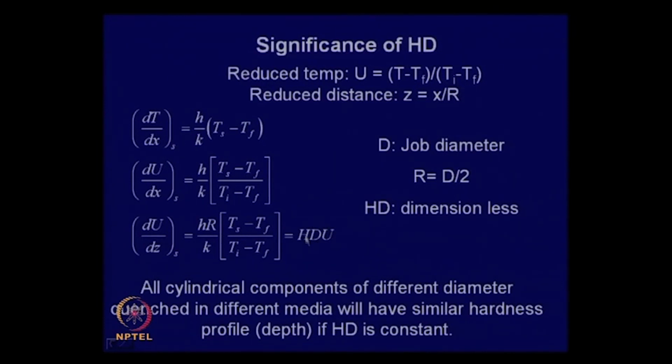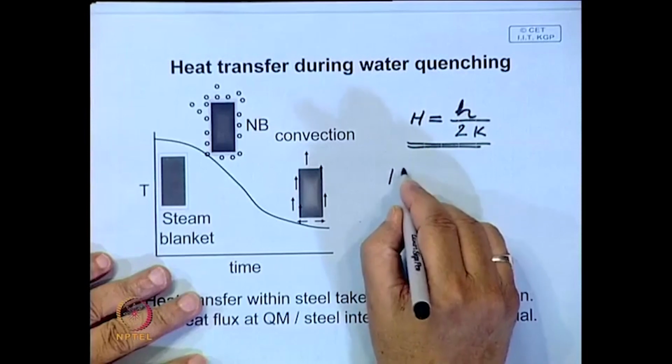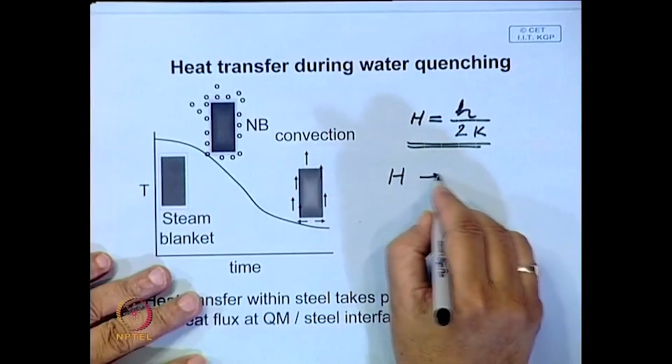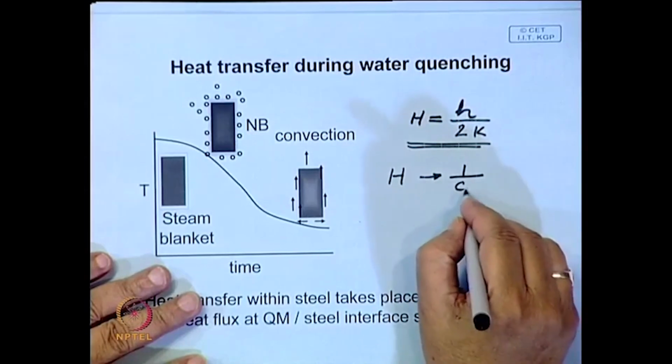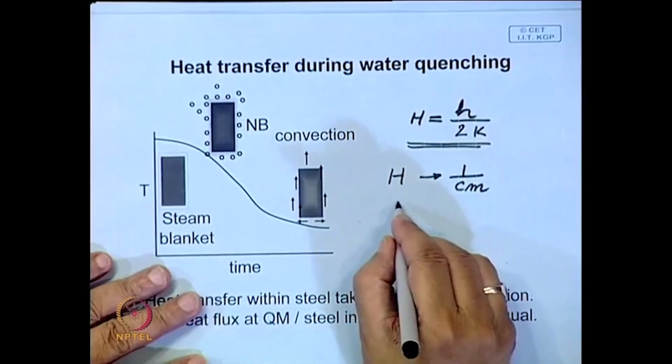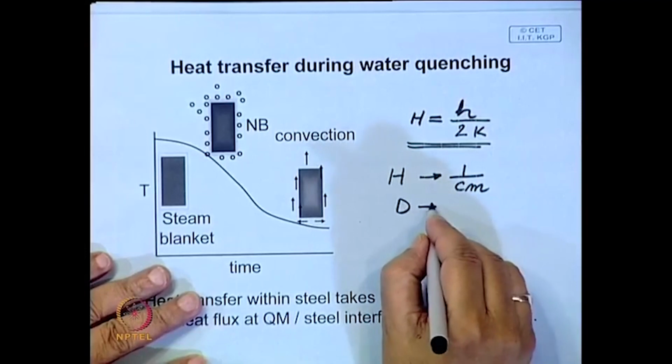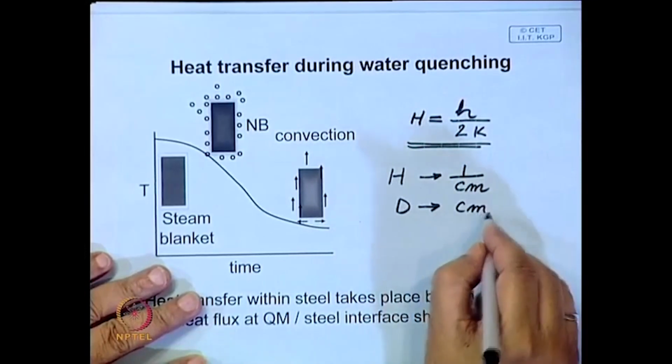So, now look, what is the dimension of HD? H we have said is 1 over distance, let us say 1 over centimeter, and the diameter is in centimeter.